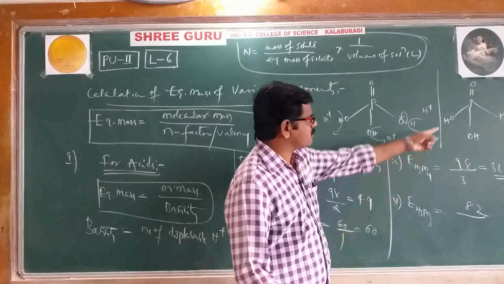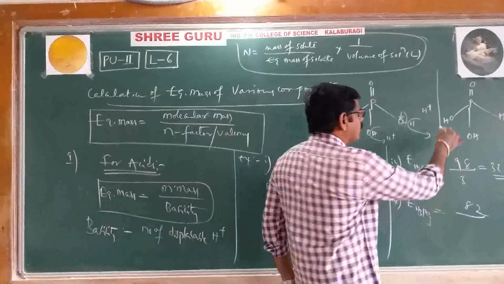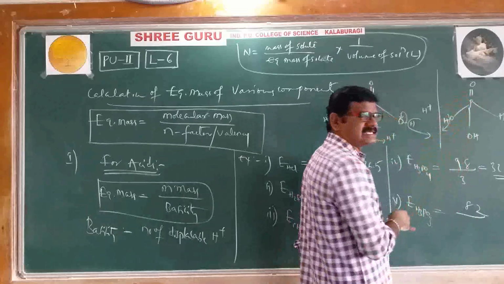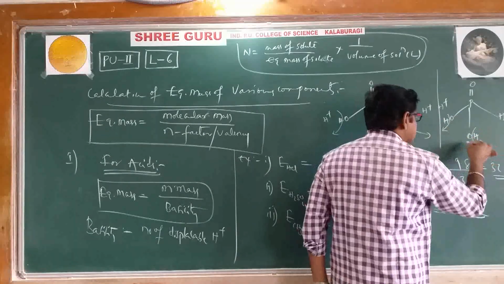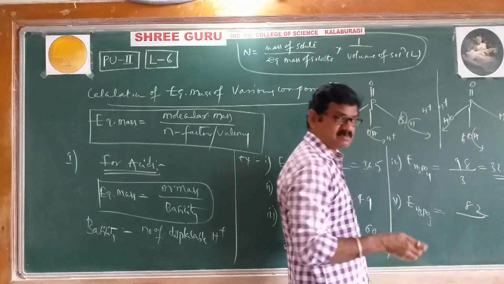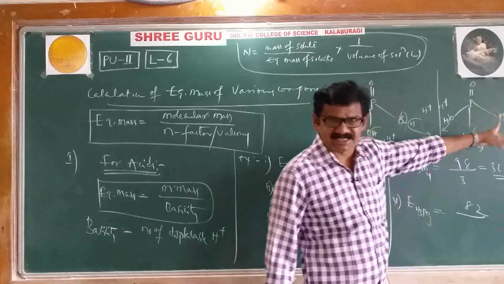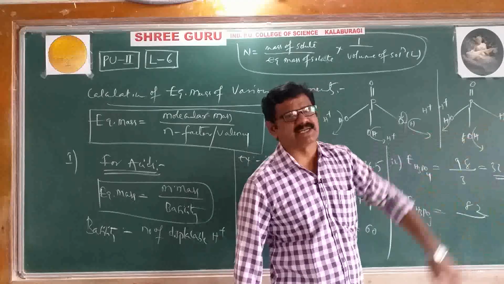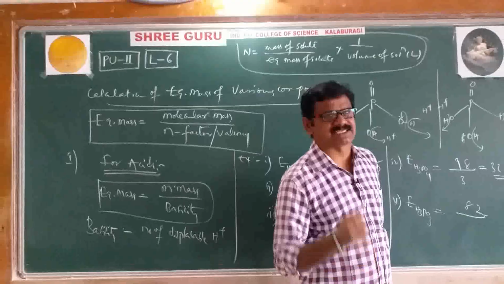Then what is its valency, what is its basicity? Only this hydrogen can participate in the bond formation as H plus, this hydrogen also can participate as H plus, but this hydrogen is not willing to participate in the bond formation. It is not displaced as H plus. Why?